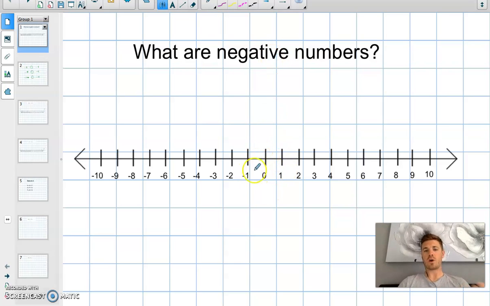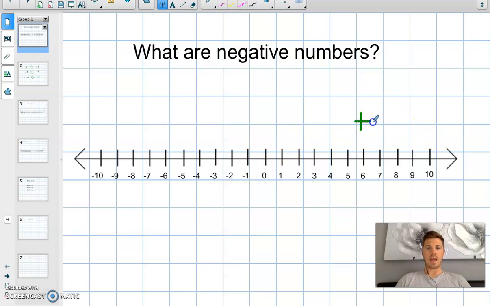Well, if you look on our number line, any number to the right of 0 are positive numbers, and any number to the left of 0 are negative numbers. Now, as you can see, in front of negative numbers, there's a minus sign. For positive numbers, you don't generally see that positive sign, but we could go along the number line and put a positive symbol in front of each and every one.